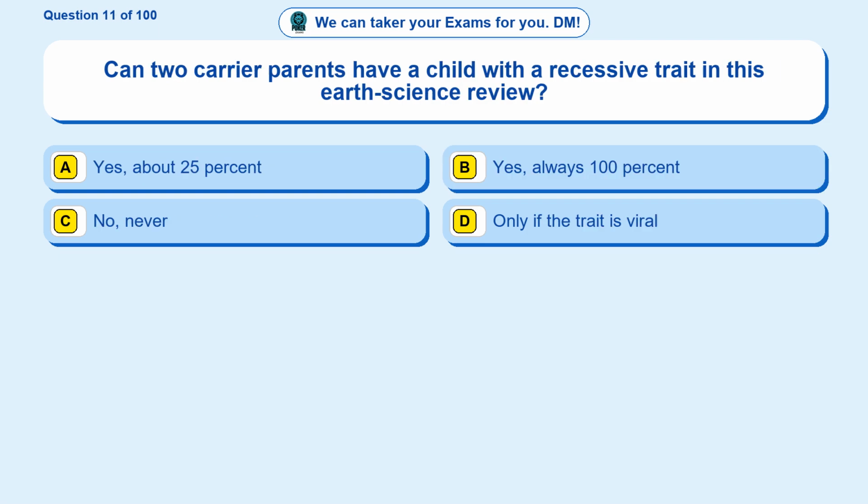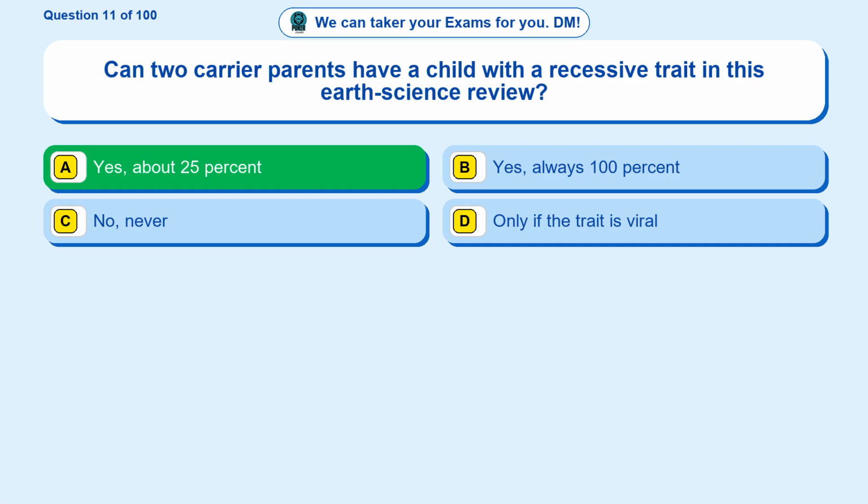Question 11. Can two carrier parents have a child with a recessive trait in this Earth Science Review? Option A. Yes, about 25%. Option B. Yes, always 100%. Option C. No, never. Option D. Only if the trait is viral.